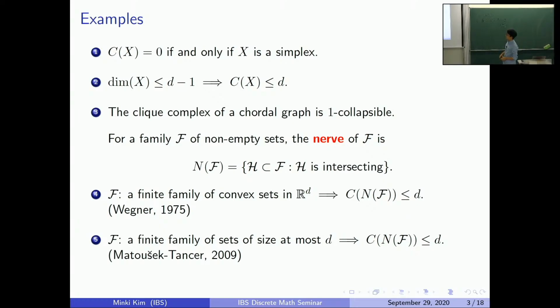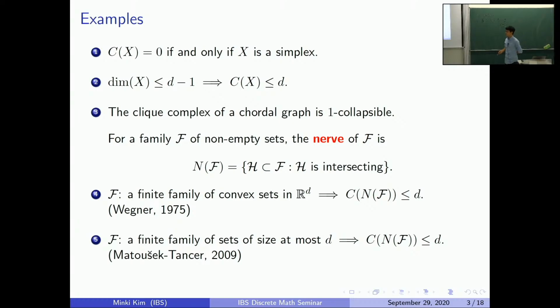And let's say something about nerve complexes. For a family F of non-empty sets, the nerve is a complex whose vertex set is that family F, and the faces are intersecting subfamilies of F. And here intersecting means every member has an element in common. Indeed, this is where the notion of d-collapsibility was introduced.